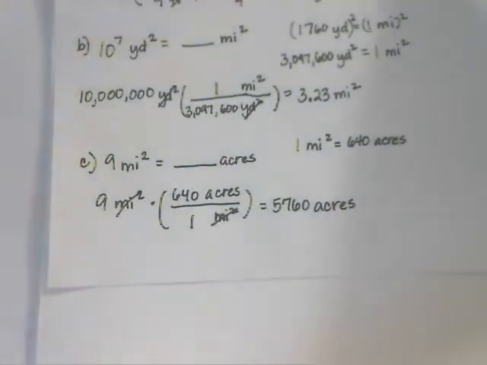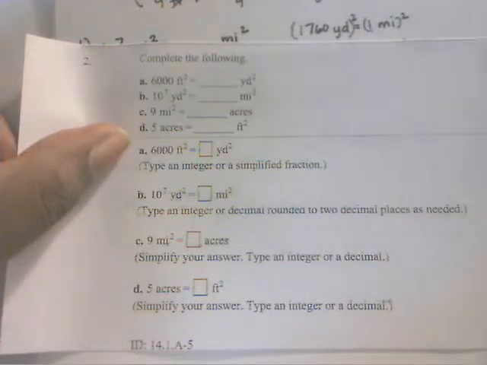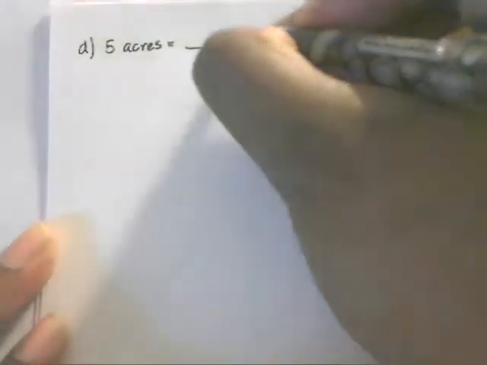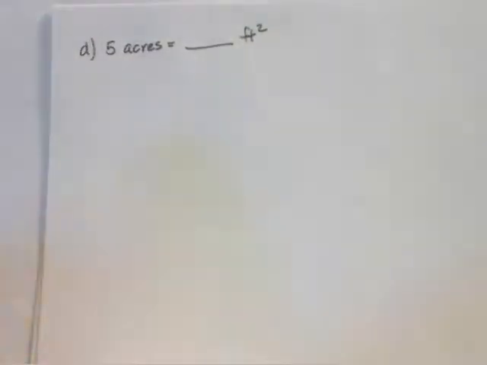Okay. And then we got part D of the same problem. 5 acres is equal to how many square feet? Okay, now we're going to have to go from acres to square yards and then from square yards to square feet.